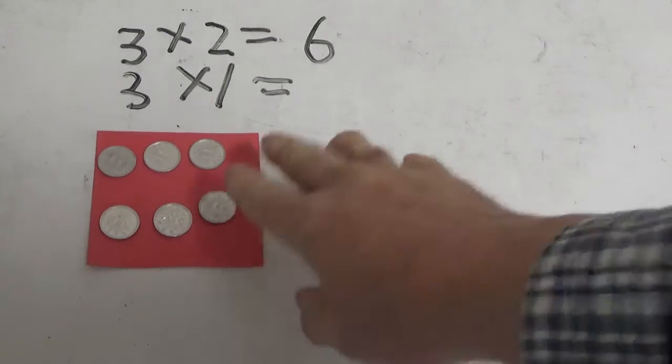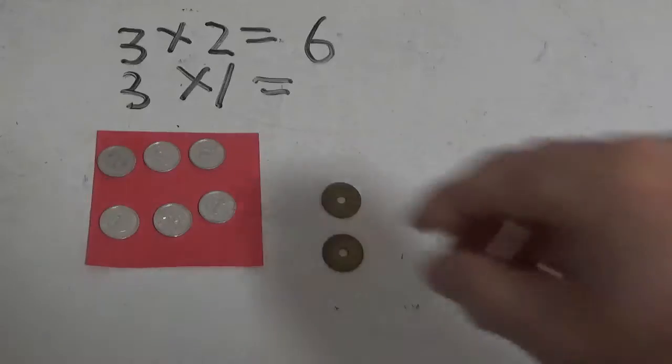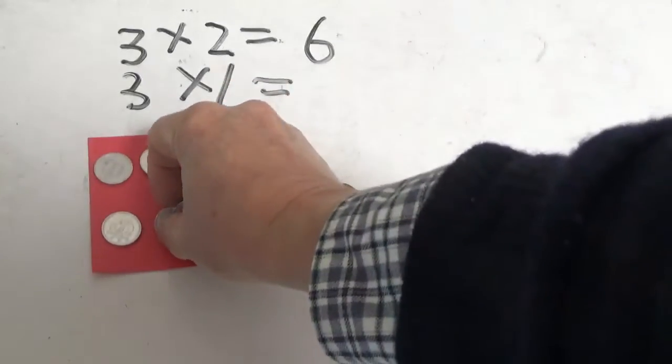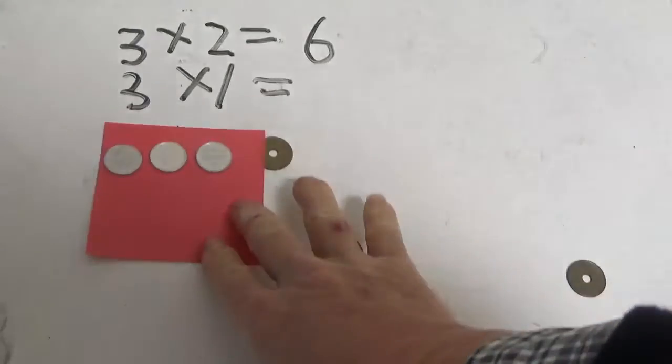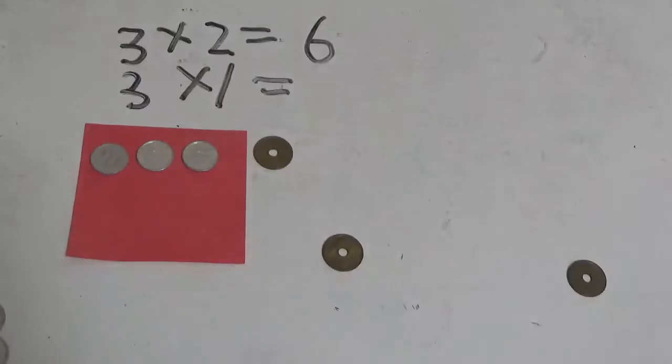Then what is 3 multiplied by 1? That is adding 3 once, but to which 3 is added once?